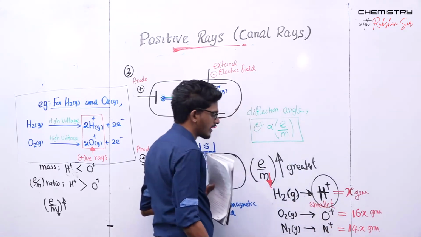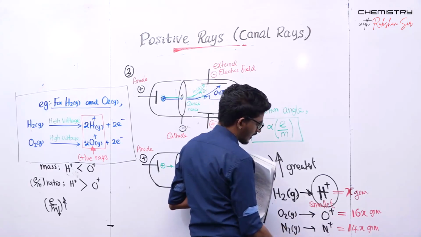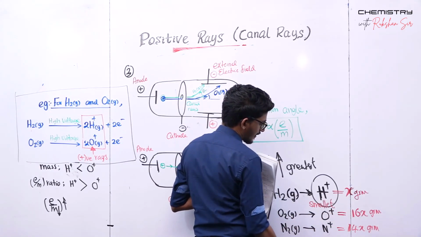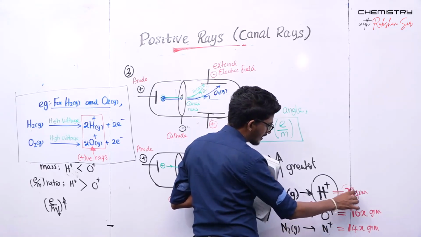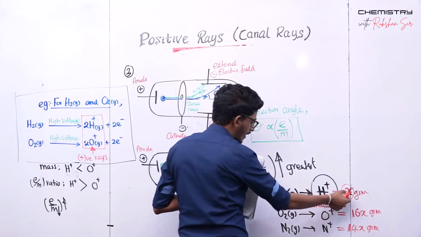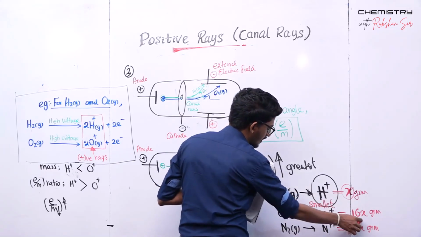You see, the positive ray particles coming from other gases have masses which are multiplications of the smallest positive ray particle, these 16 times, these 14 times.